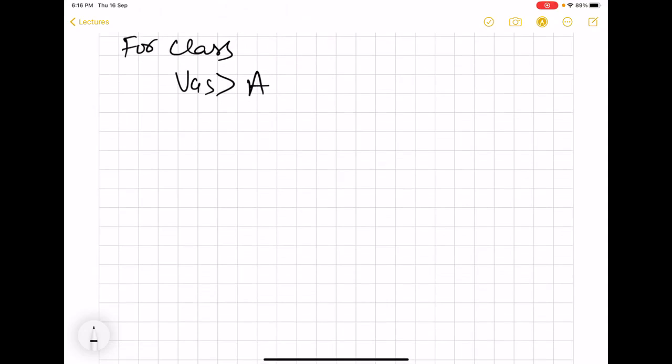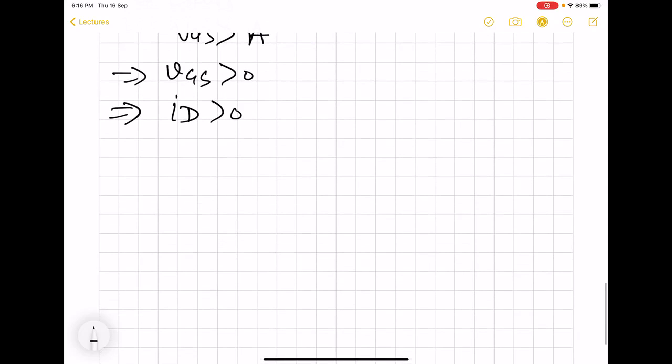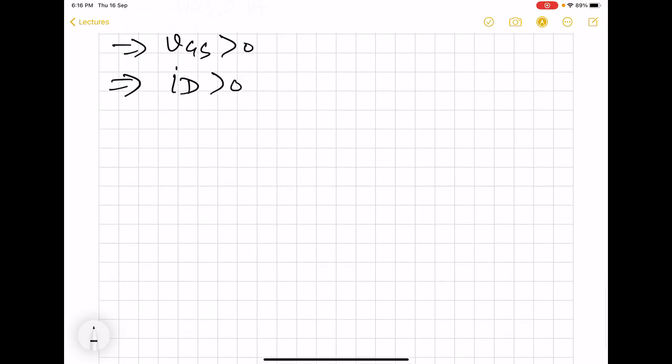That means there will always be drain current. So this implies VGS is always greater than 0. This implies that ID will always be non-zero. So now let us see the waveforms for these cases.